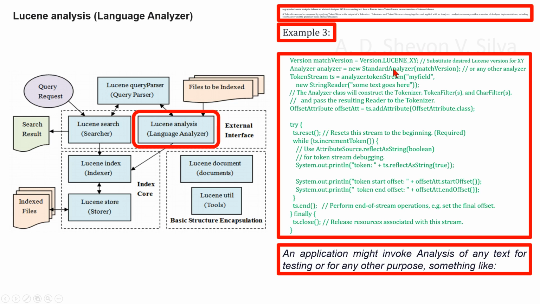Here you can substitute the desired Lucene version for X and Y, and here the standard analyzer or any other analyzer. The analyzer class will construct the tokenizer, token filters and char filters and pass the resulting readers to the tokenizer.